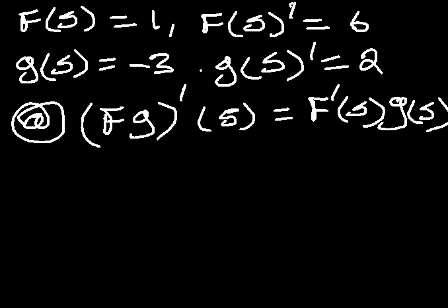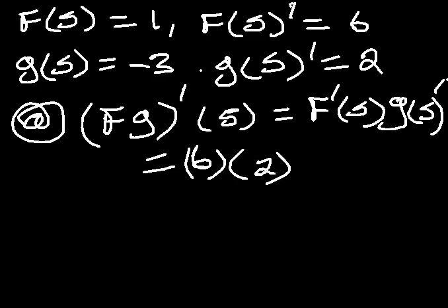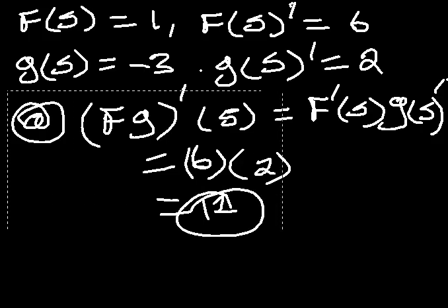Then we substitute: f prime of 5 is 6 times g prime of 5, which is given as 2. So in this case we have 12.